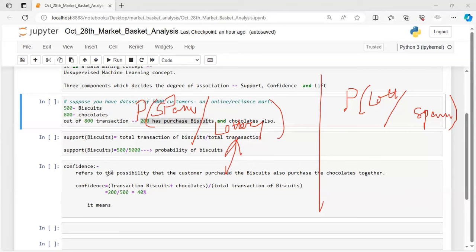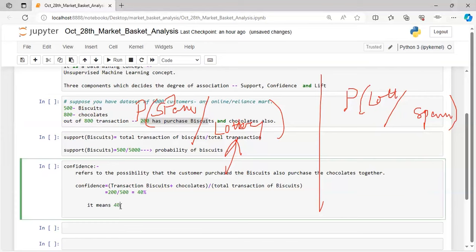The same thing we can see in the case of association rule mining also. It means, sir, 40% of people purchase both biscuit and chocolate. Yes, the 40% means 40% of the customers who bought biscuit also bought chocolate.